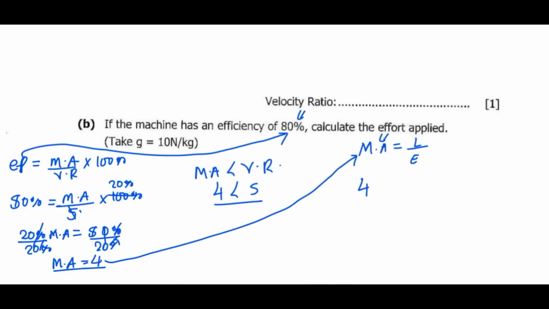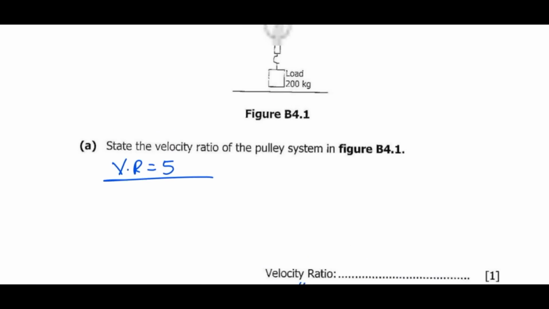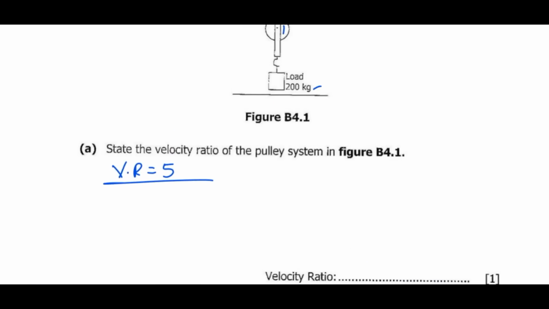So this is 4 is equal to, let's go back to our diagram so that we see the load. So the load is this. Now remember, load must be a force. So what can we do? So let's calculate now the force. So we know that weight is equal to mg.